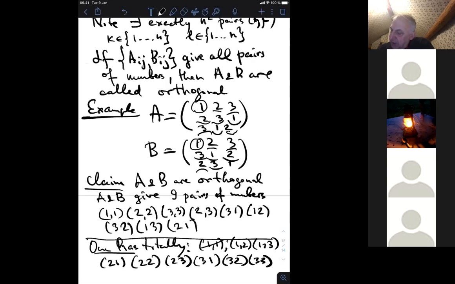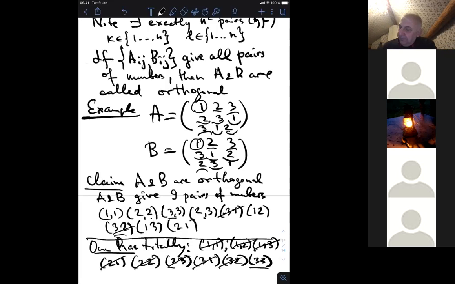So we get 1, 2 here, 1, 3 here, 2, 1 is here, 2, 2 is here, 2, 3 is here, 3, 1 is here, 3, 2 is here, and finally 3, 3 is also around. So if we get all possible n squared pairs like this, then we say that the original Latin squares are orthogonal.